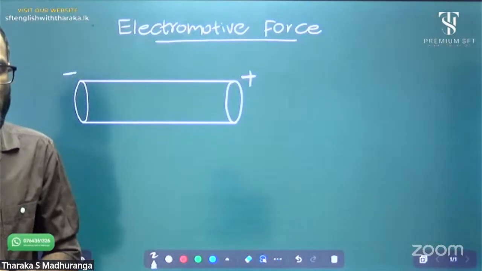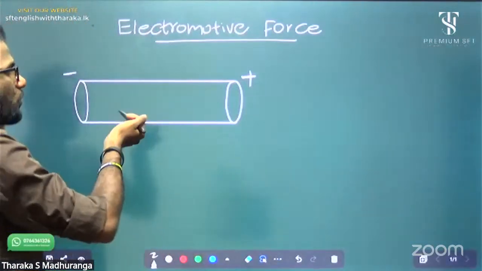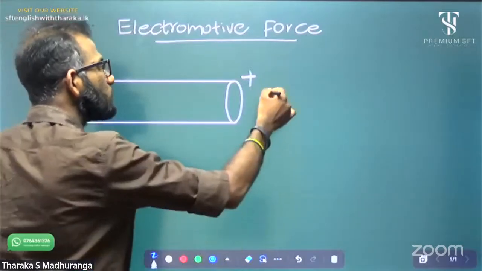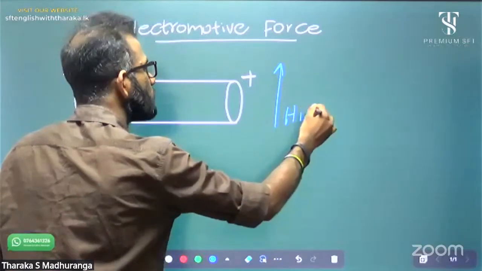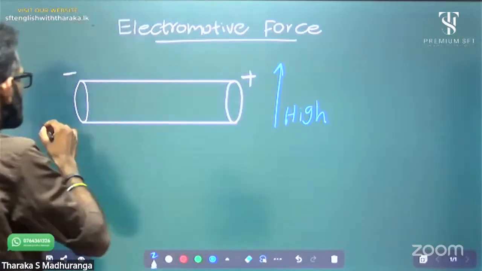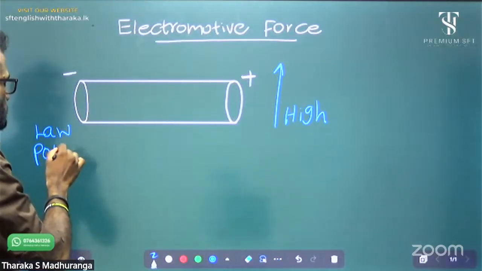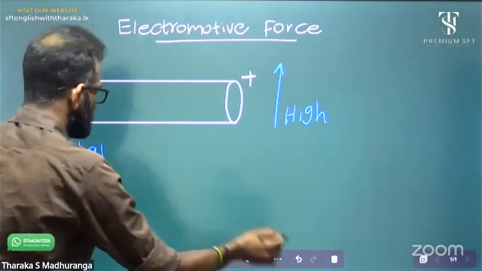Electromotive force is the potential difference. The positive side has higher potential, and the negative side has low potential.